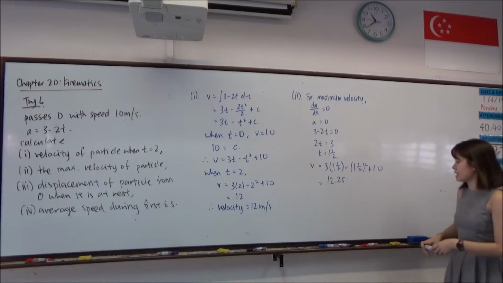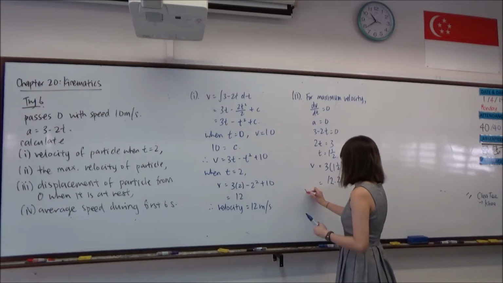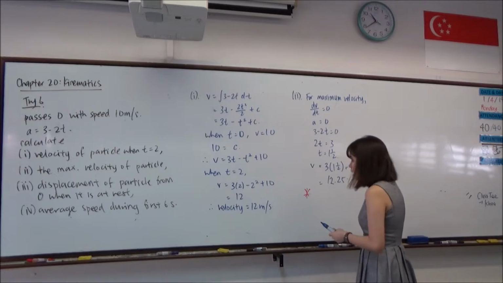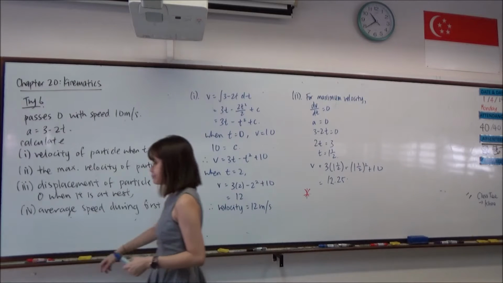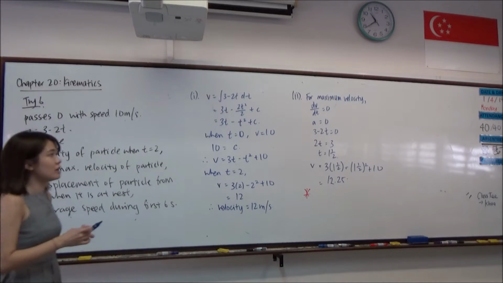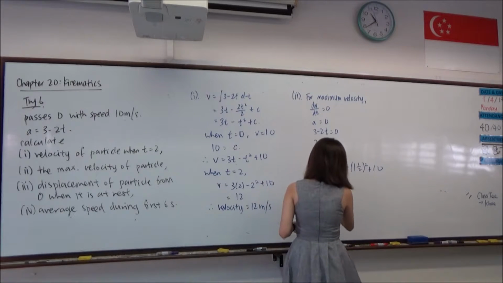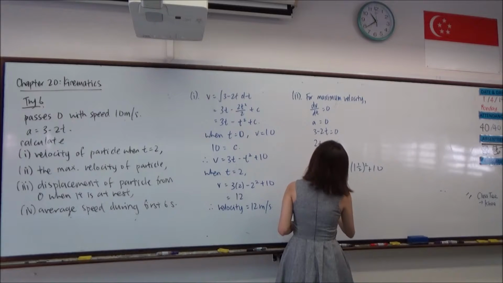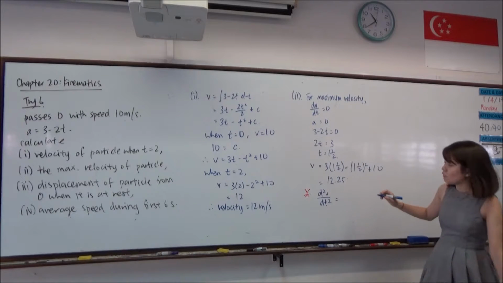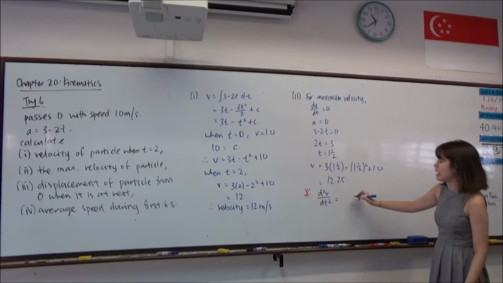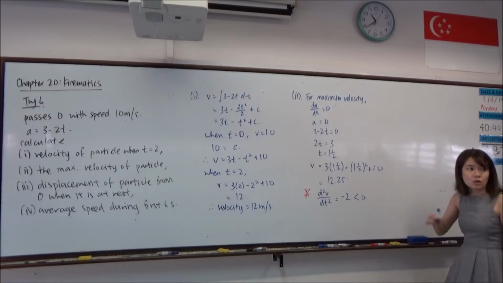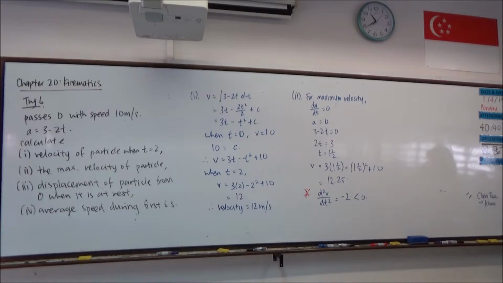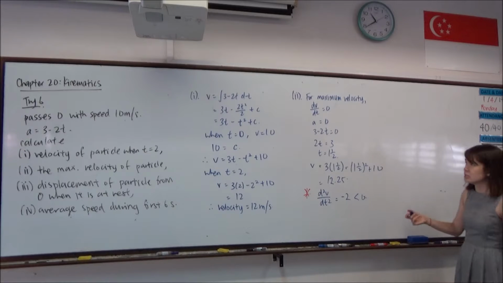We must prove that it's a maximum. So how do we prove that it's a maximum? Second derivative of velocity. d2v over dt squared will actually be negative 2, since you're looking at the acceleration expression itself to differentiate, so it's less than 0.